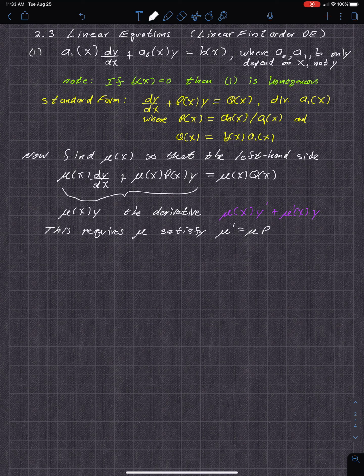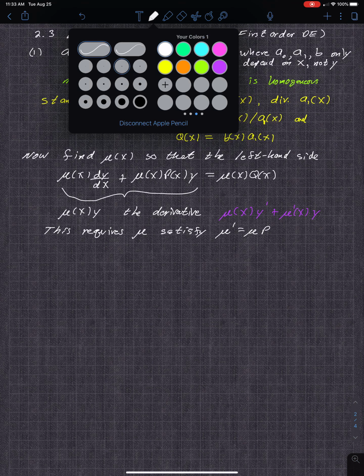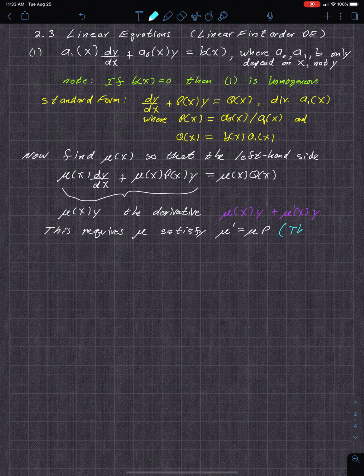It's like mu times a constant. When the derivative of something is itself, what is that? It could be times a constant, so think e to the kt. Its derivative is itself, though you might get an extra factor of k.